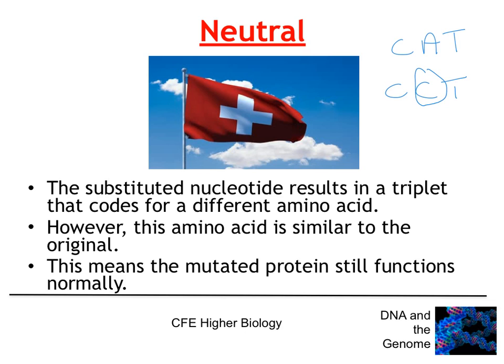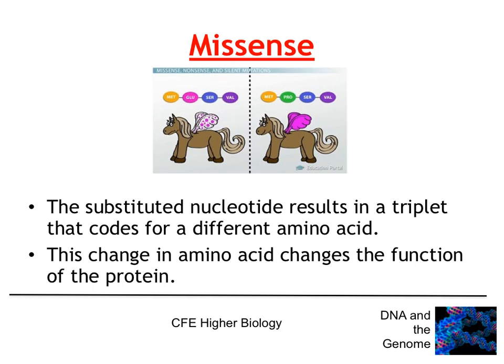And that means that the protein that's been formed is very, very close to the original, and the mutated protein will still function properly. So it's known as a neutral mutation. And we're kind of moving along to the ones that will actually be a bit more serious.